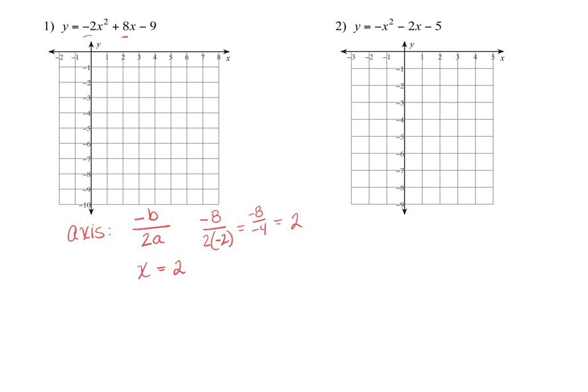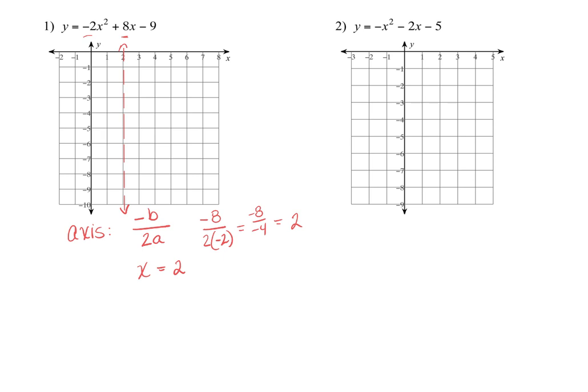All right, now in this case, I am going to dash that line, because remember, this is not actually part of my graph. This is just a line that helps me see what my graph is going to look like. So it's always going to be this vertical dashed line. That is how you graph your axis of symmetry. All right? It's always x equals, and you're going to say -b over 2a.